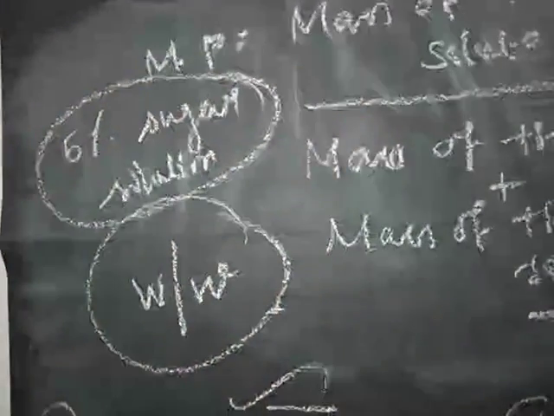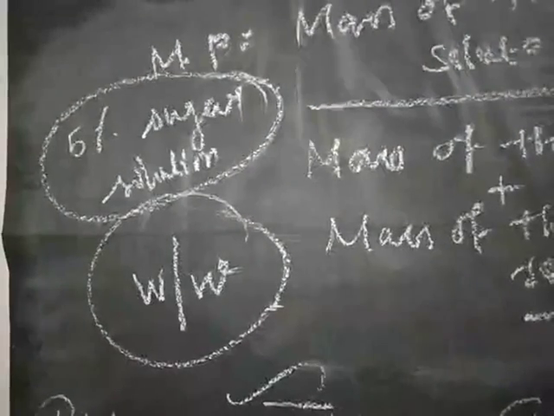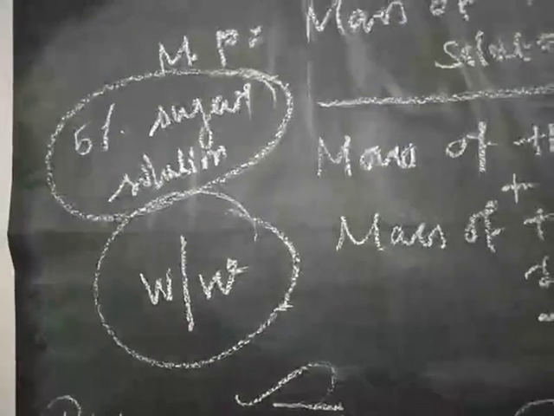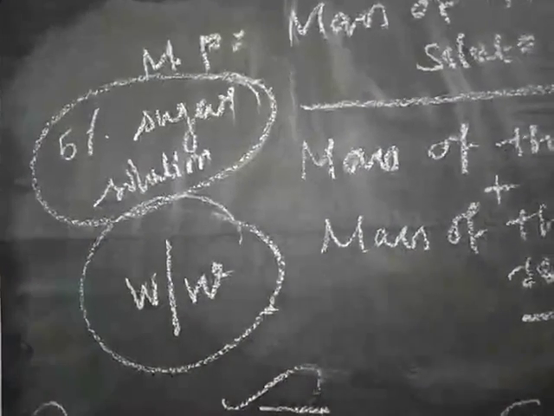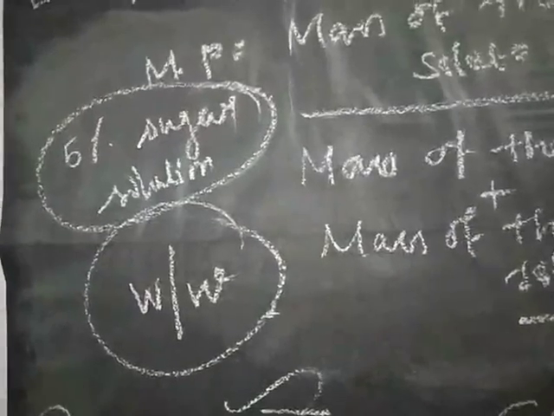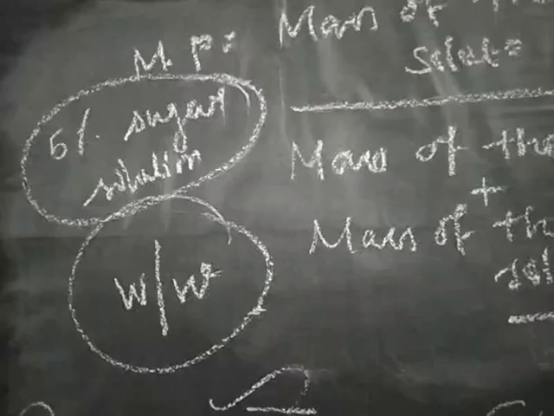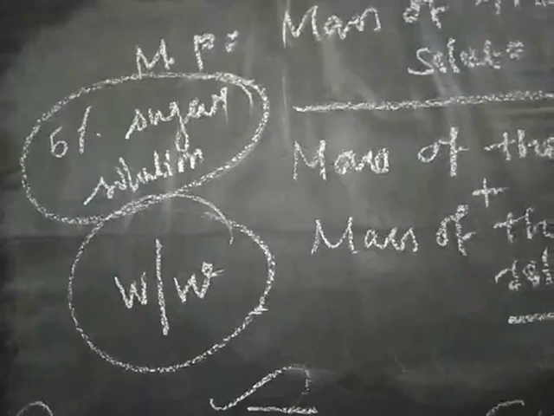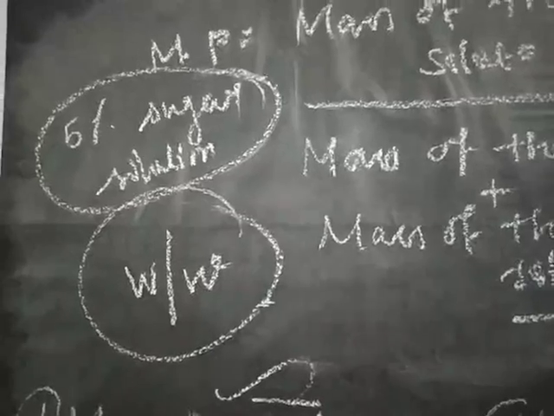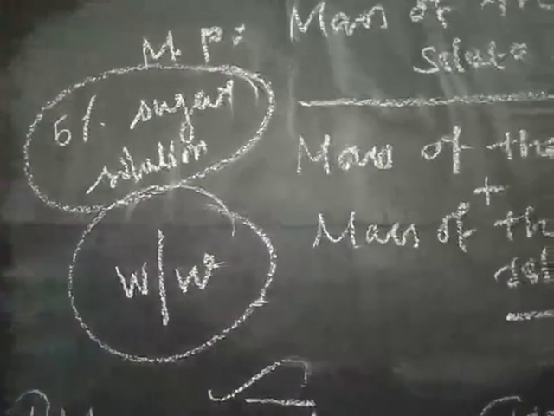What is the meaning of a 5% sugar solution? 5 gram of sugar dissolved in 95 gram of water, hence it makes up 100 gram of solution. So a 5% sugar solution means 5 gram of sugar in 95 gram of water. That is the meaning of a 5% sugar solution.